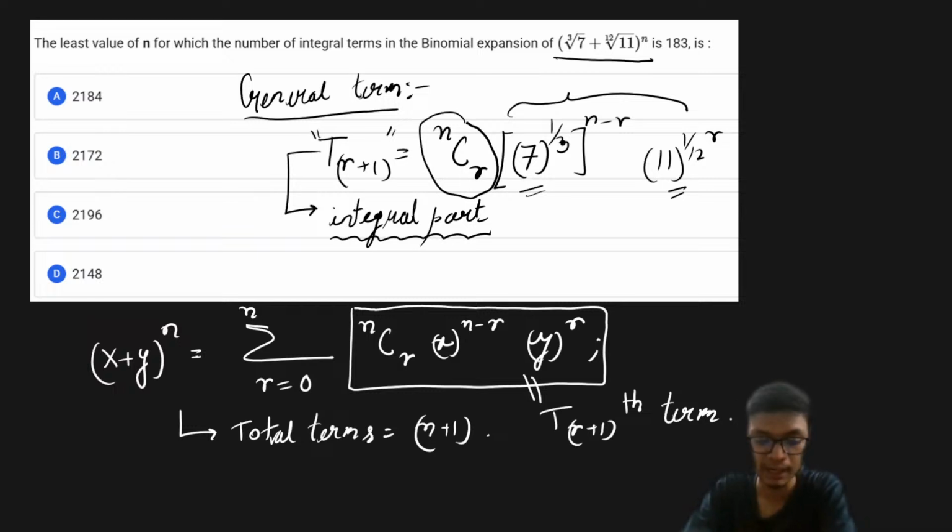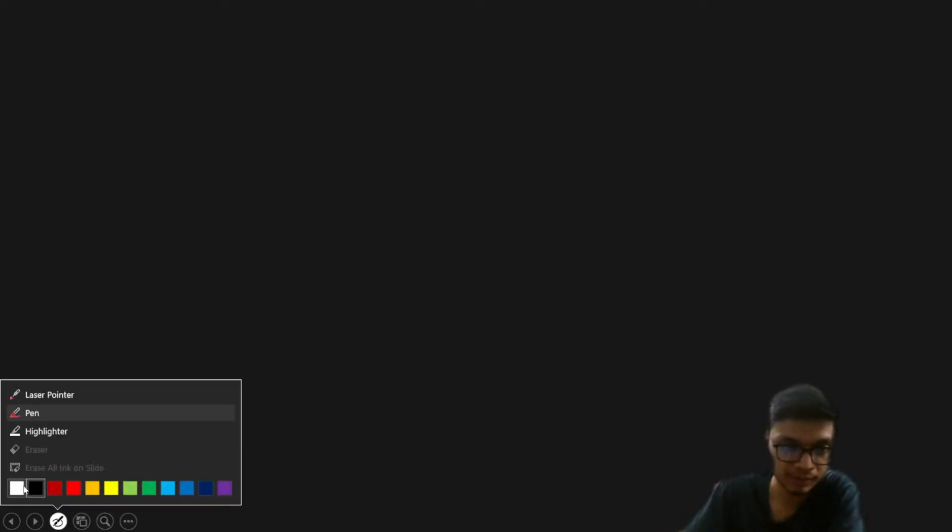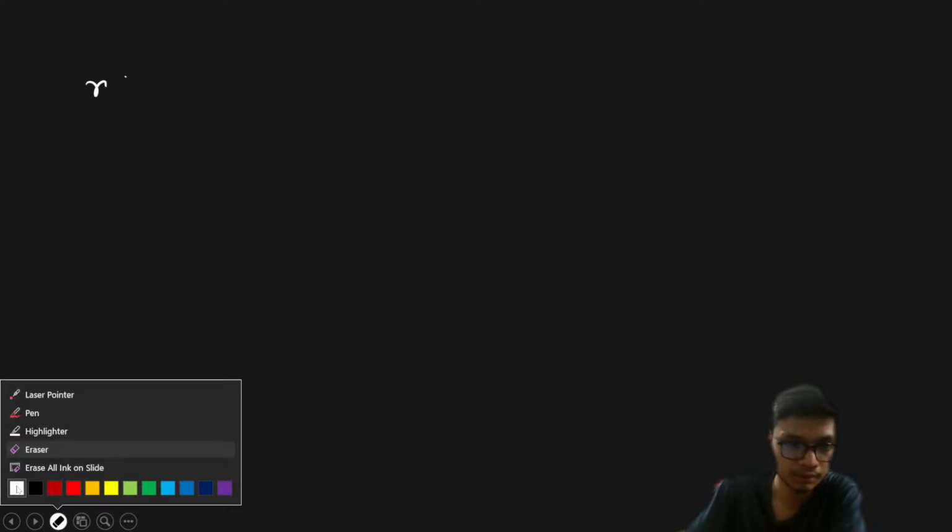So for an integer term, if you just look over here, for the integral part, this r must be a multiple of 12, right? That is what I'm saying, that r must be an integral multiple of 12.